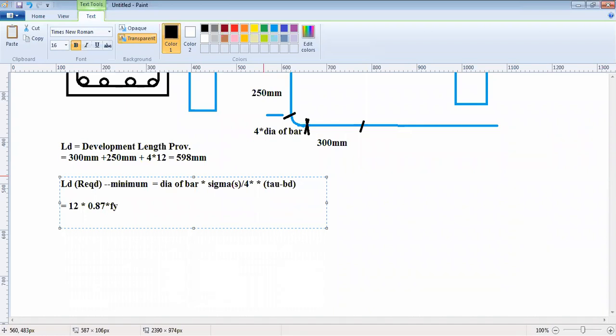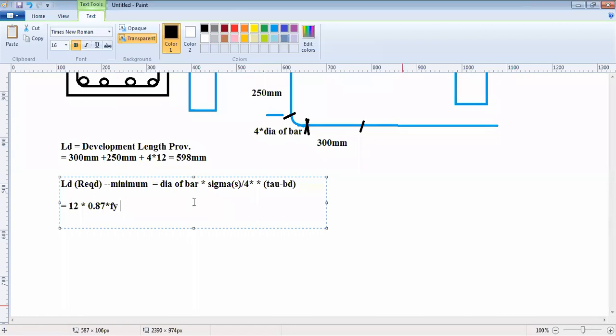Otherwise, the stresses could be lesser than this, because the stresses occurring in anchorage are mostly tension stresses, but they could also be compression stresses, even bearing stresses. Thereby, they could be less than 0.87. I am taking the maximum, which is 0.87 Fy.